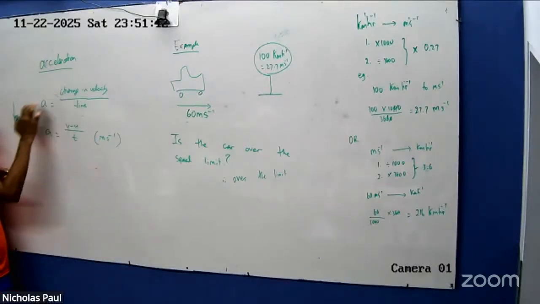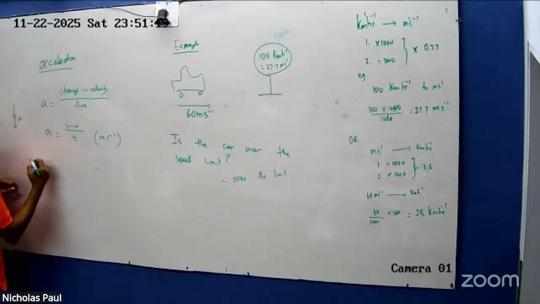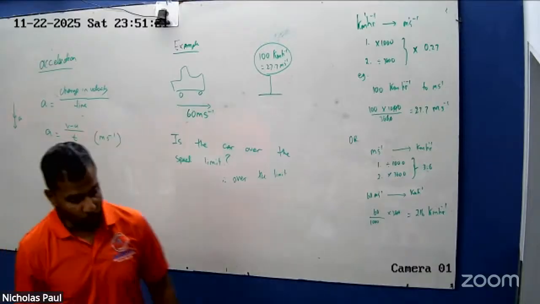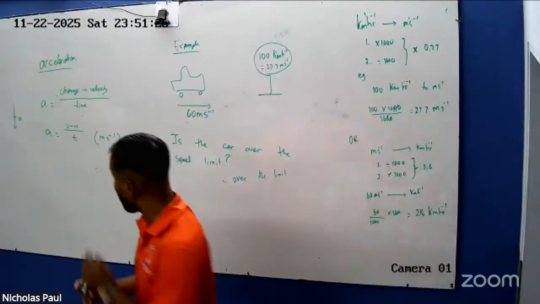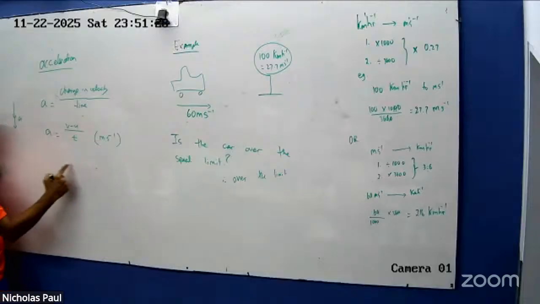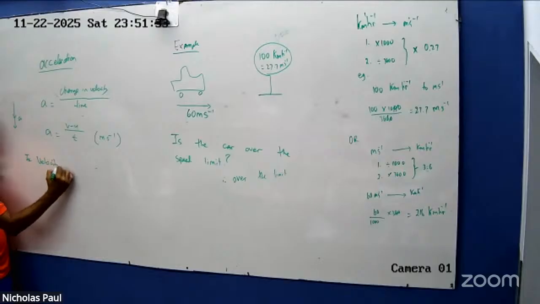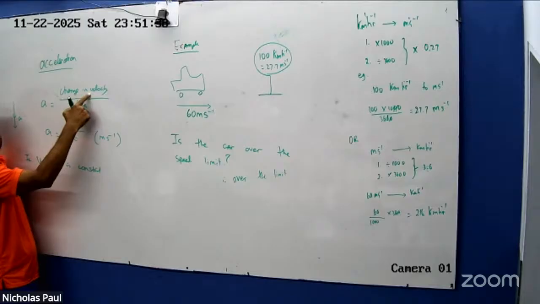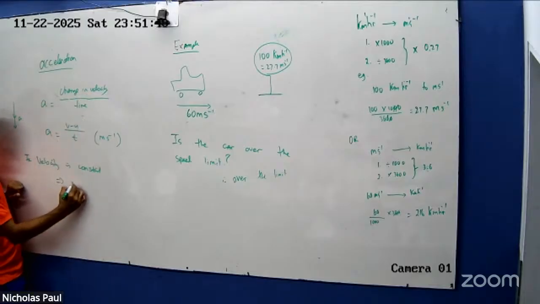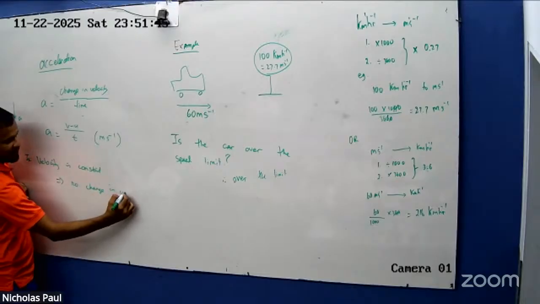What would happen, Adrian, if the velocity is not changing? If the velocity is constant, this implies no change in velocity.